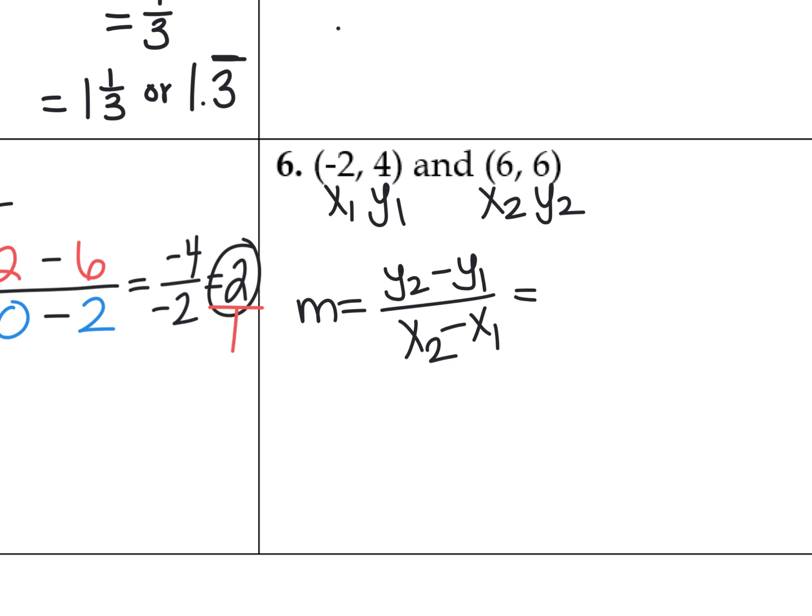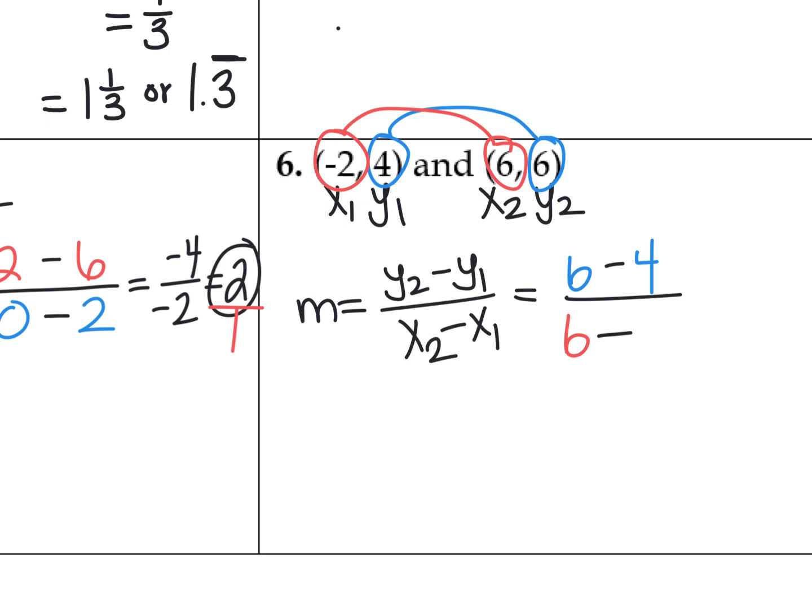So if we fill this in, our y2 is 6, minus y1 is 4, so 6 minus 4. And then underneath, our x2 is 6, minus x1 is negative 2, so 6 minus negative 2.